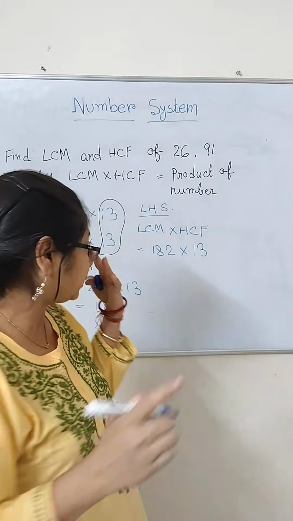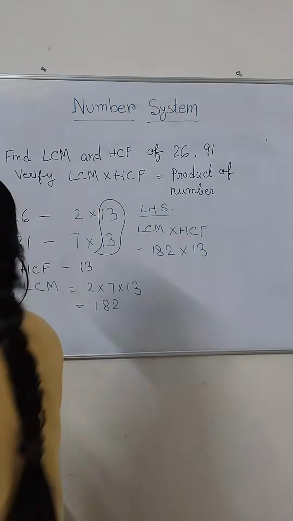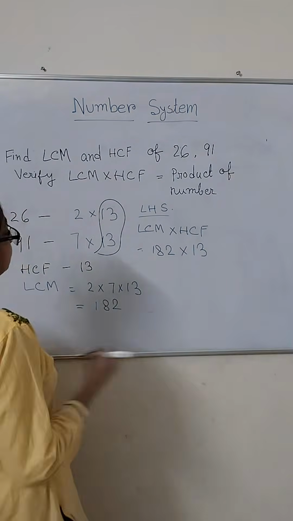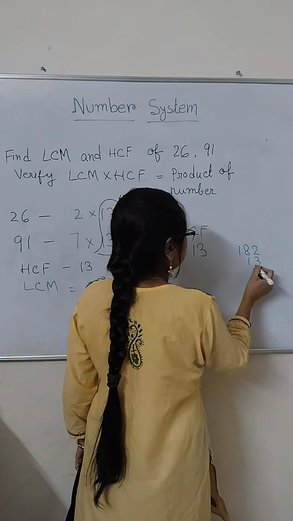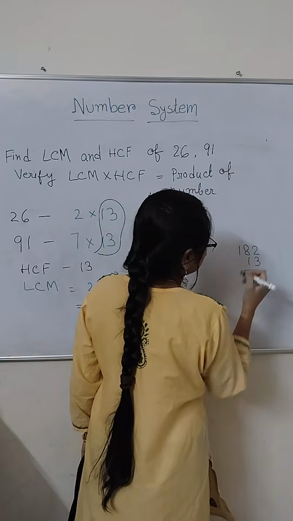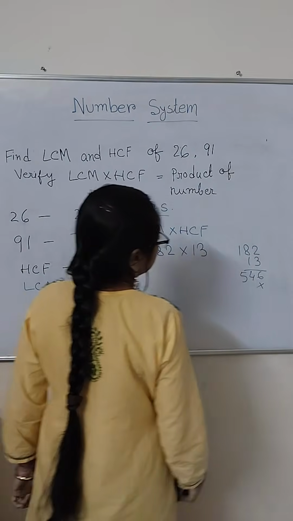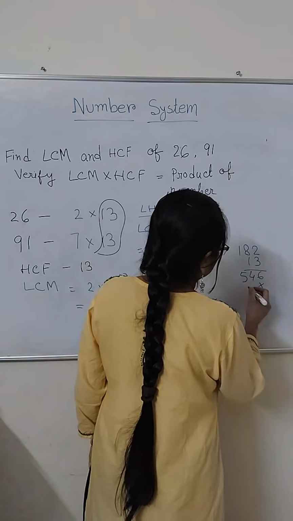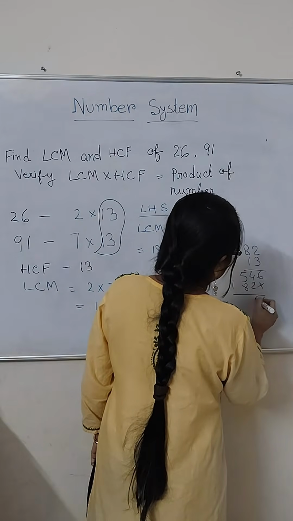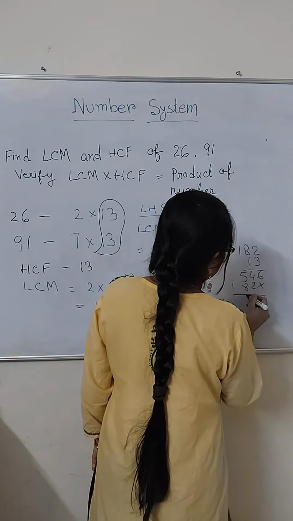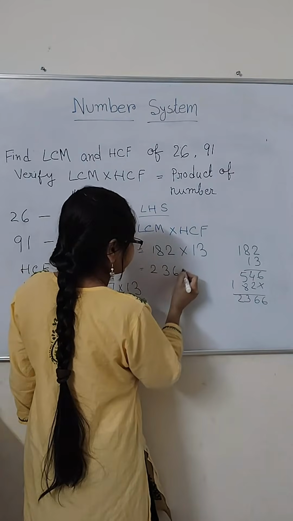Everybody multiply along, then you check. Start. I give you 1 minute's time. 182 into 13, 2366.